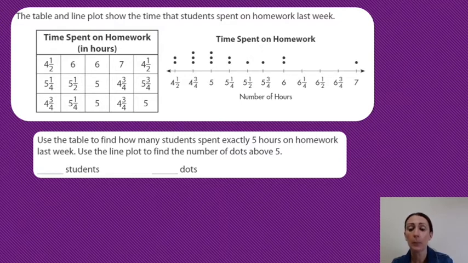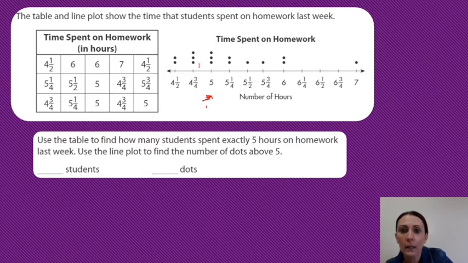And this question is helping you figure out how to do that because the next sentence says, use the line plot to find the number of dots above 5. So it's saying to you, in order to figure out how many students spent exactly 5 hours on their homework, you have to count the dots above 5. So if I go over to 5 right here, I can count the number of dots above.